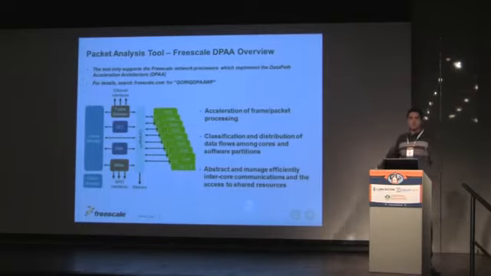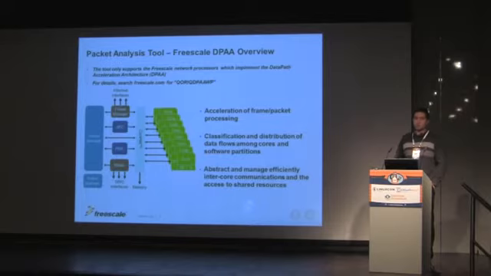In a nutshell, this is what the architecture of the Freescale devices looks like. I'm not going to go into the details. All you have to know is that there is a bunch of cores. There is a system bus, which we call CoreNet, the light blue bar. And there is a central data exchange mechanism, which is called the queue manager.